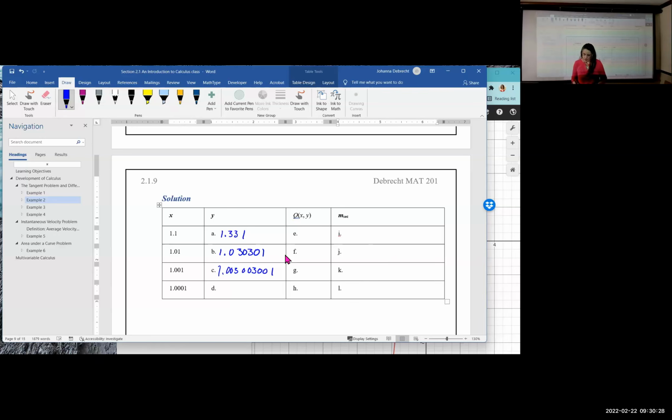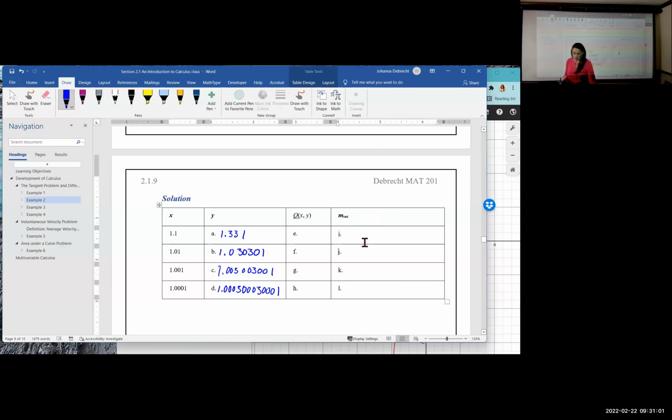Yeah, and it's increasing the number of zeros between the 3, 3, 1. Does everybody see that? First, there are no zeros between the 3, 3, and 1. Then there's 1 zero between, then 2 zeros. Anybody want to make a prediction on the next one? There should be 3 zeros between the digits. All right, and that's what it means by 8 significant digits.